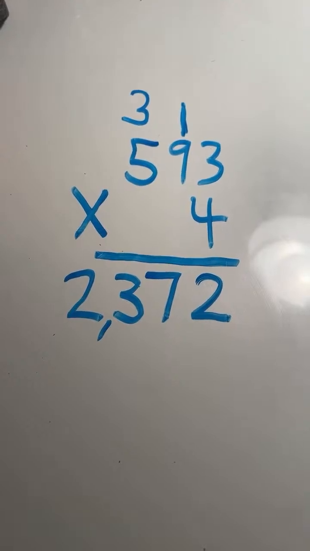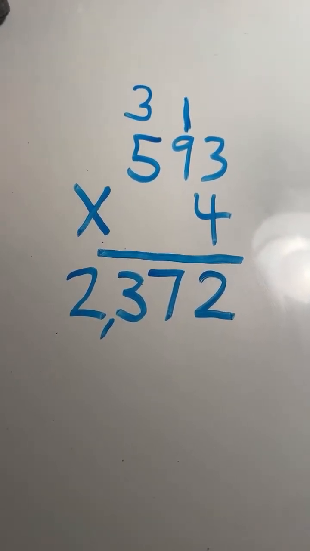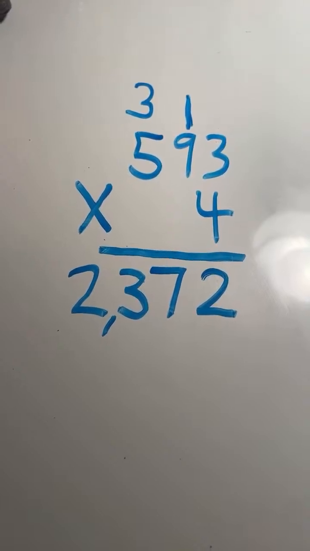And we have our final answer. 593 times 4 equals 2,372.